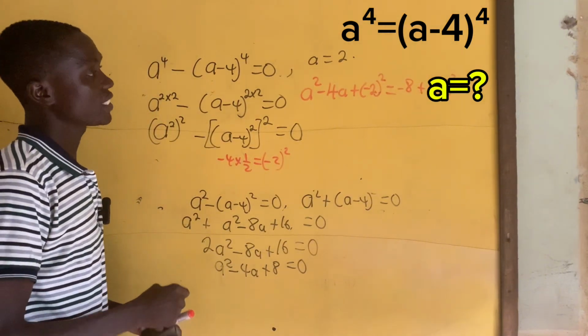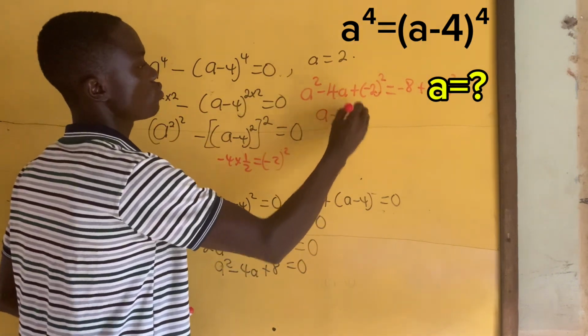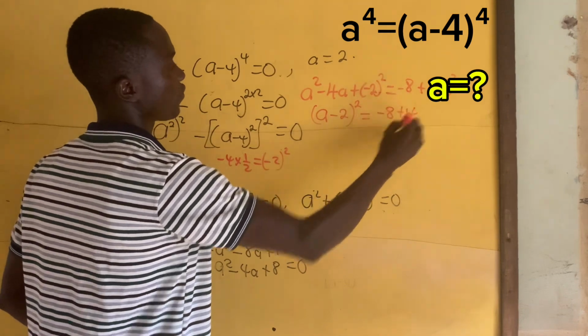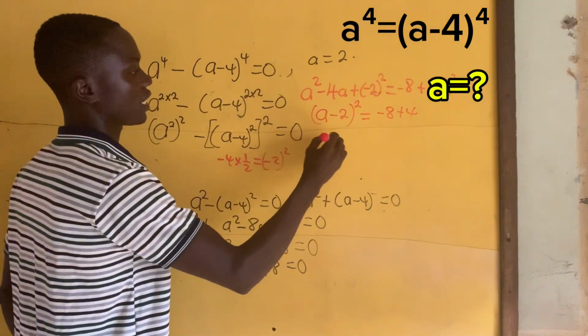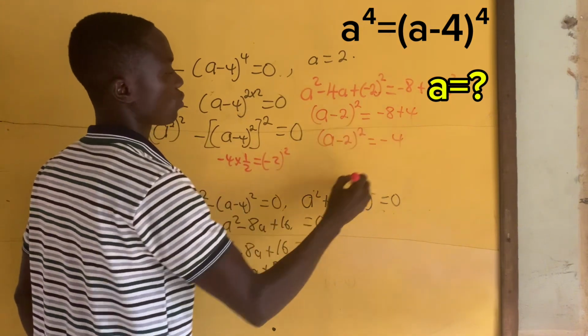So this is going to give us (a minus 2) squared equals negative 8 plus 4, and this is going to give us (a minus 2) squared equals minus 4.